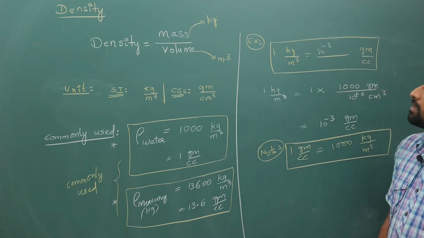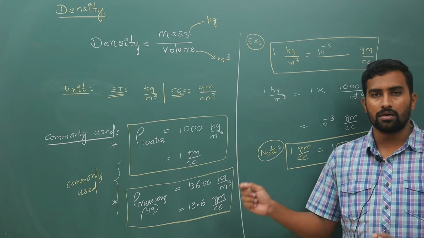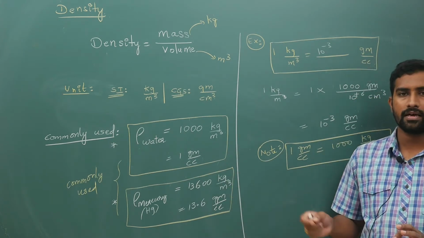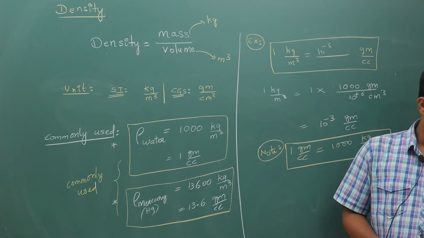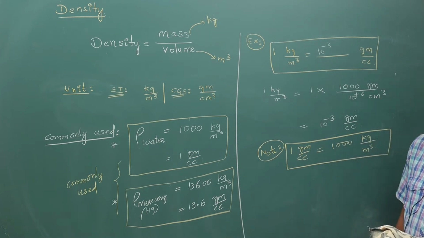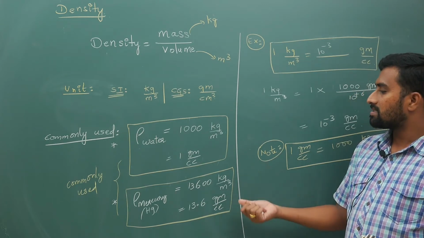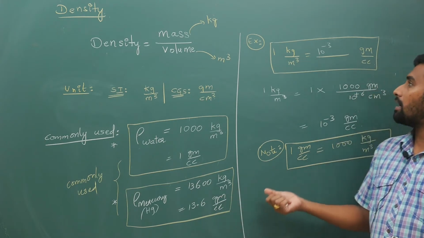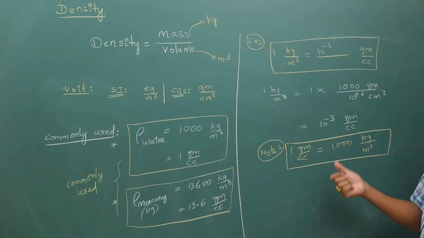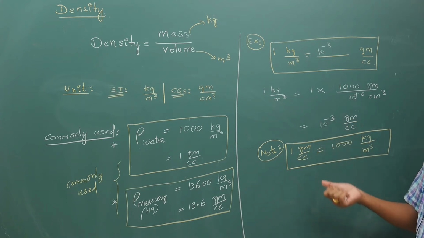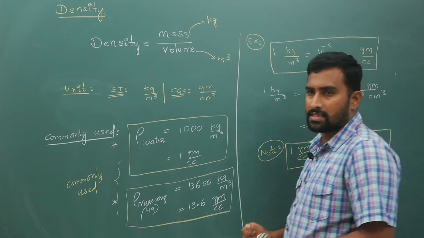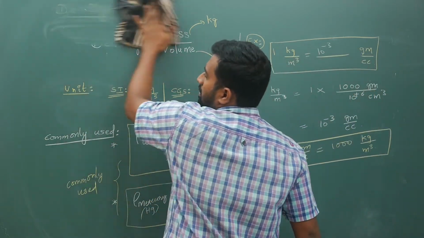I hope you have got all your basic stuff and there are no doubts. Let's continue. I have covered density, all the basic stuff, parts, units and all. Now your density term is done.